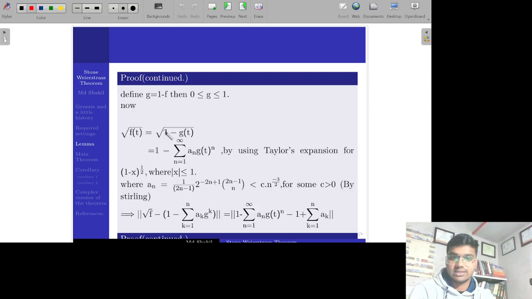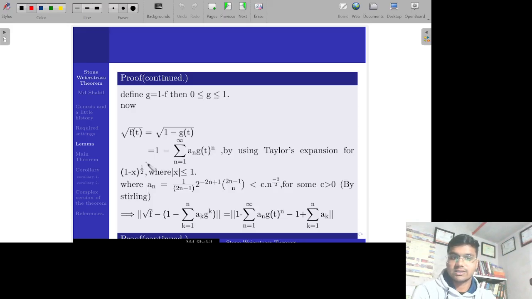Since g is 1 minus f, then f will be 1 minus g. So f(t) will be 1 minus g(t). Okay. Now this becomes of the form 1 minus x to the power half.